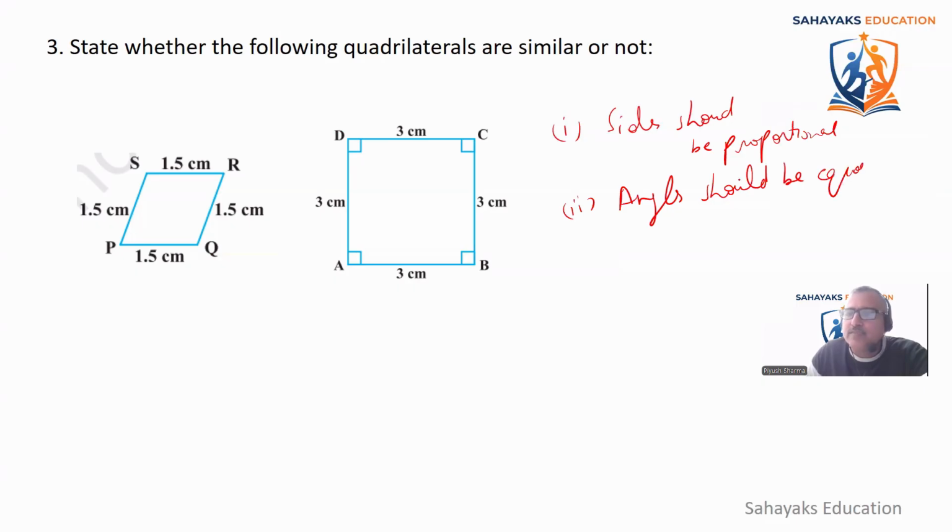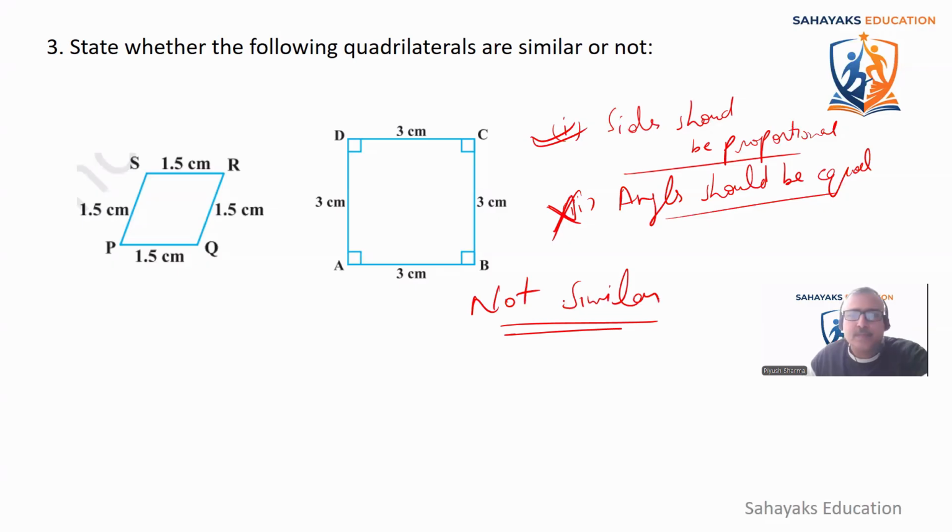So in this case, the sides are proportional, but angles are not equal. When angles are not equal, that means these are not similar. Okay, coming to the next question.